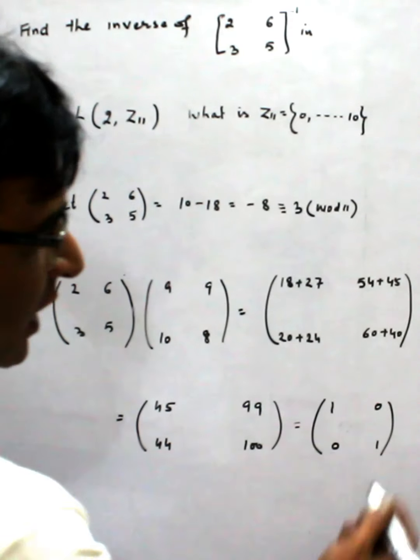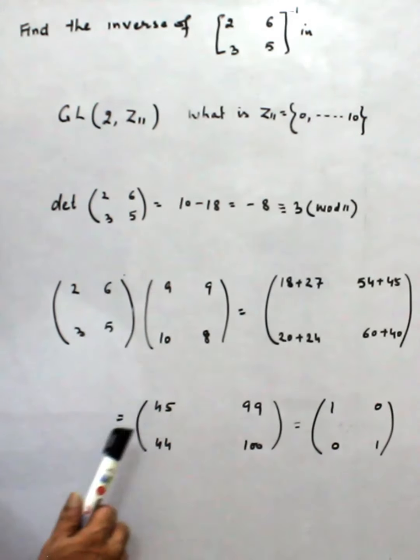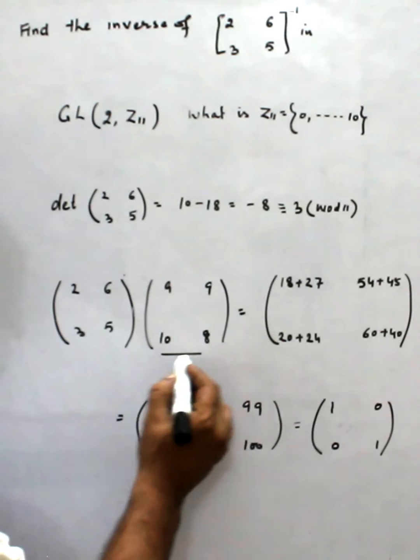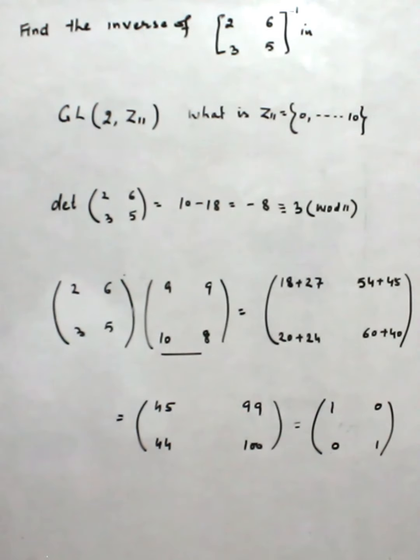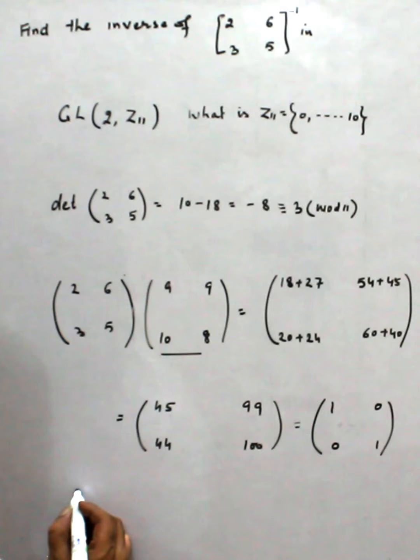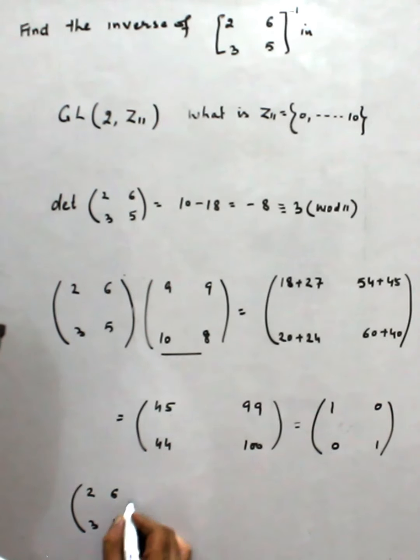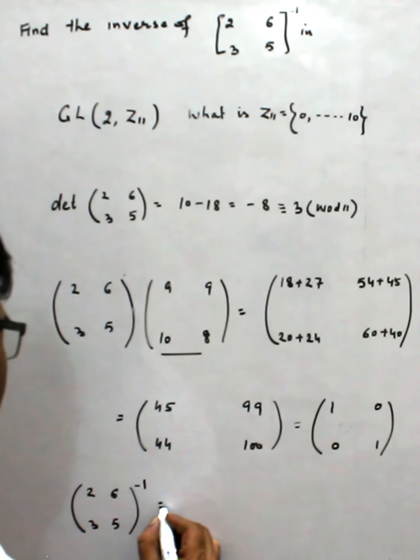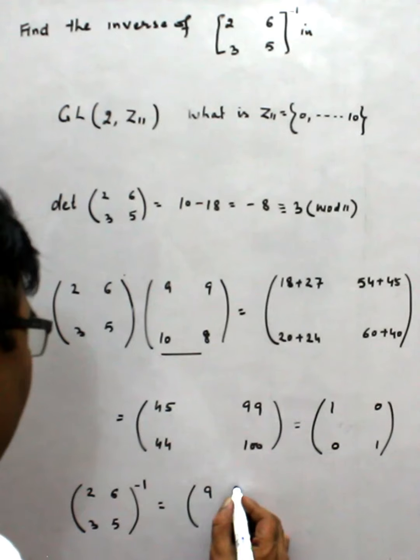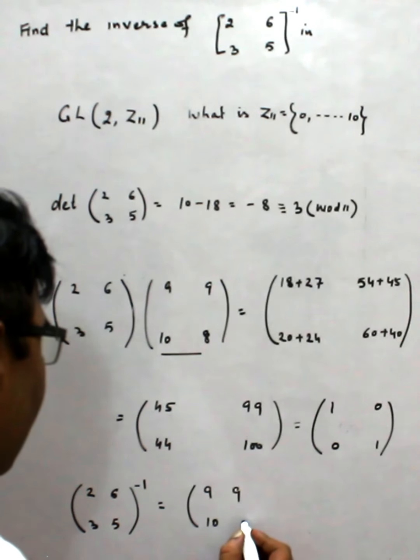So this is the identity element. That means this is the inverse. So the multiplicative inverse of 2, 6, 3, 5 is equal to 9, 9, 10, 8.